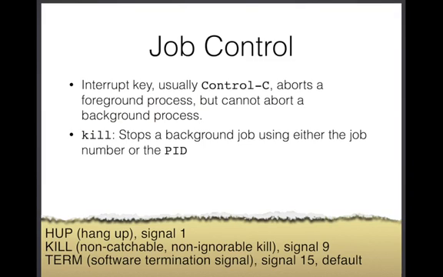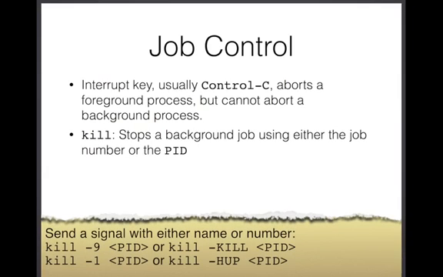And then there's also a signal called HUP, and a lot of processes listen for the HUP signal, which you can use the kill command to send. Typically the HUP signal will tell the process to restart itself, or a lot of processes will use it as the indicator that they should reload their configuration files.